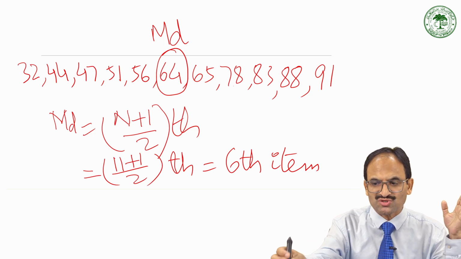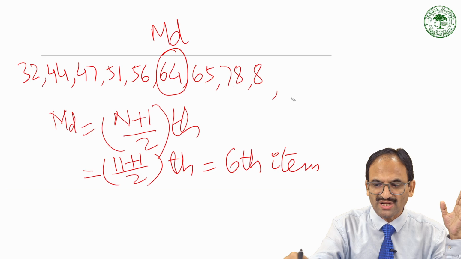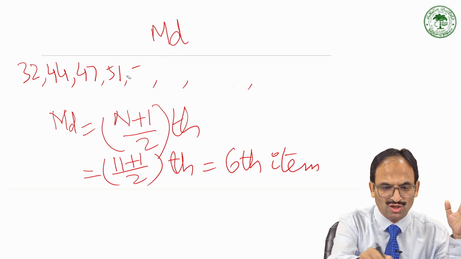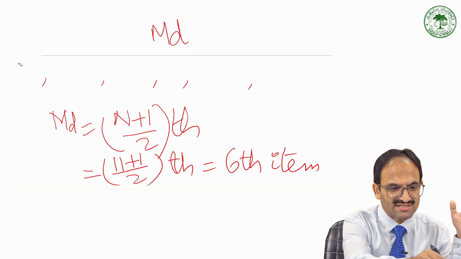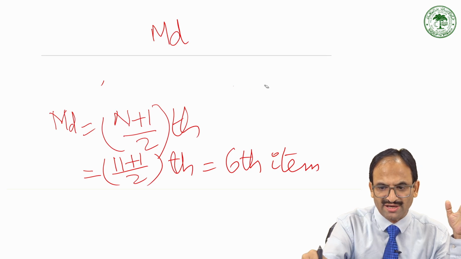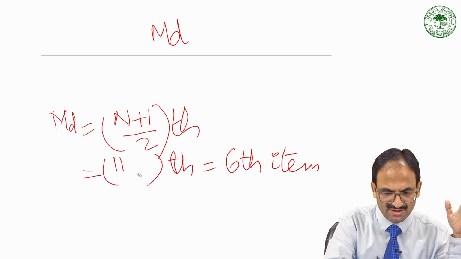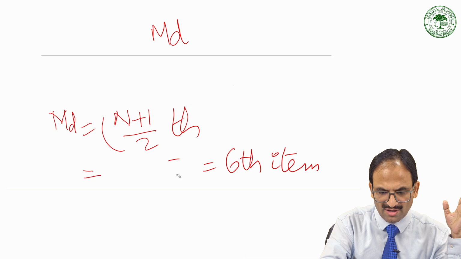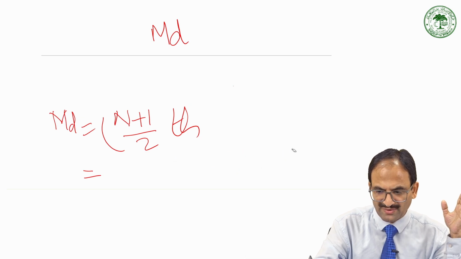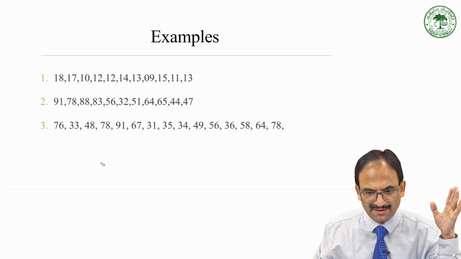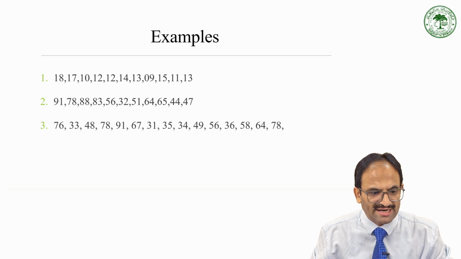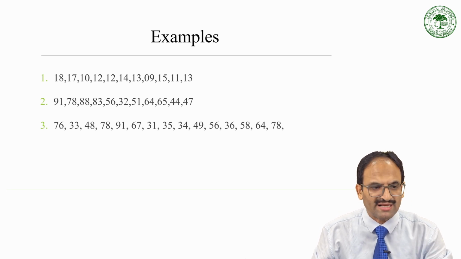Now let's proceed to the third example so that you may comfortably understand how to calculate the median. So I'm coming to the data. If you see the data, it's a little bit bigger example.